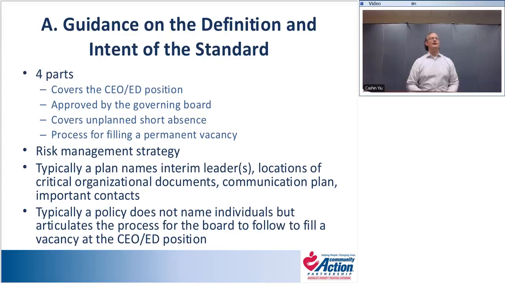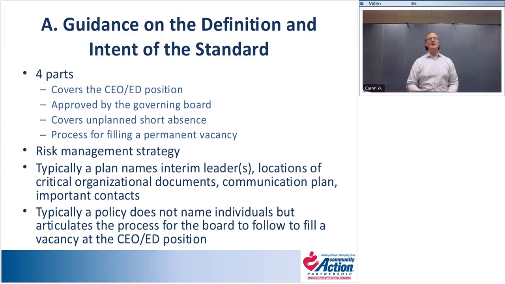Typically, your succession plan would name an interim leader in that case of the 3-month or less absence. Typically names the location of critical organizational documents. There's usually a communication plan for announcing the replacement, and also important contacts. Also, typically a policy does not name individuals, but articulates the process for the board to follow to fill a vacancy at the CEO-ED position.